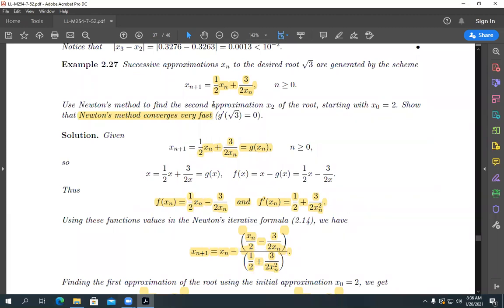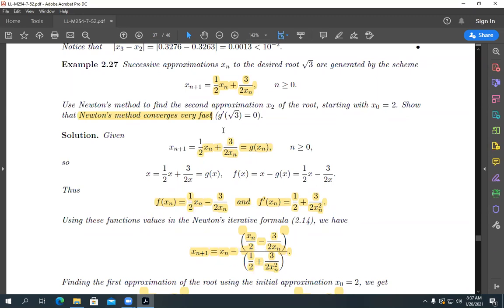So when a method converges slowly, what is the condition? We say the absolute value of g dash alpha is less than 1. And when it diverges, the absolute value of g dash alpha is greater than 1. When a method converges very fast, g dash alpha must equal 0.